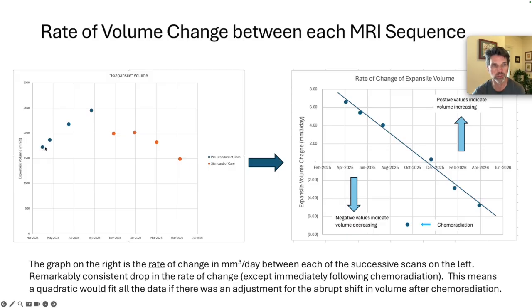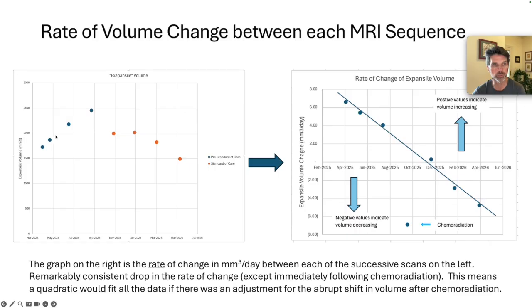So for example, between the March and April 25 MRI sequences, if you look at the total volume change divided by the total number of days, you can get the rate of change in volume in cubic millimeters per day. So that's what that first data point represents.